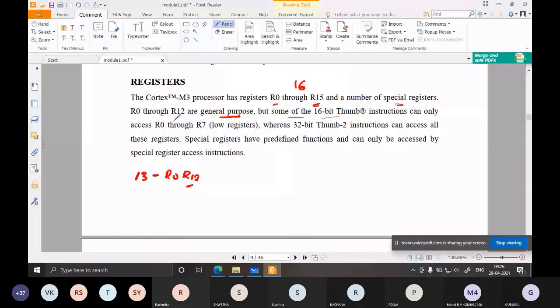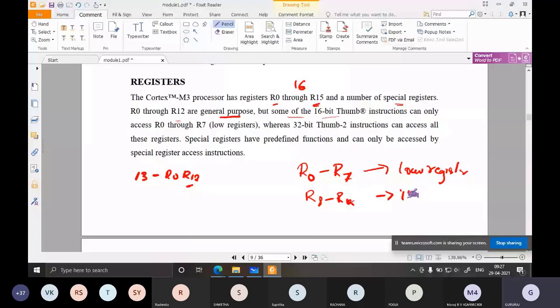Next, out of these 13 general purpose registers, R0 to R7 are known as low registers. They are just grouped as low registers. The remaining registers, R8 to R12, are considered high registers.